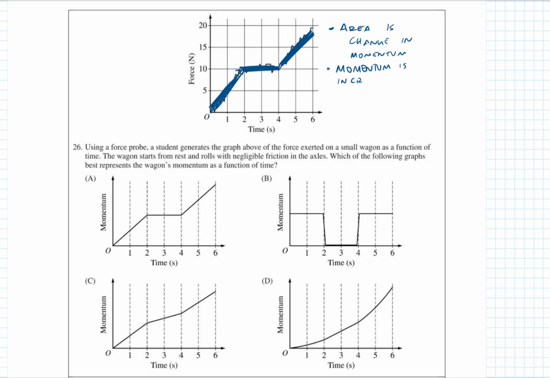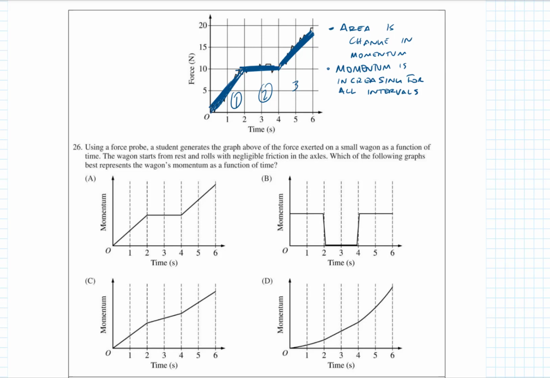There's never a time when the momentum stays constant because I'm always getting more area with this graph. So that means answer choice A and B are out completely because A shows constant momentum for 2. That doesn't happen. And B shows 0 change in momentum for that second area. So that leaves me with C and D.